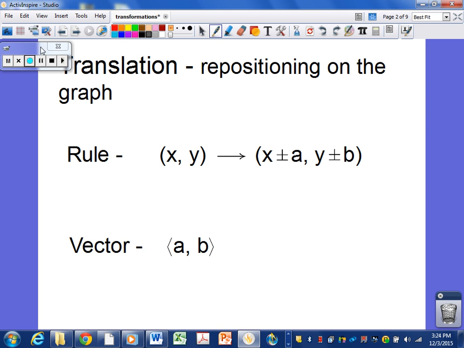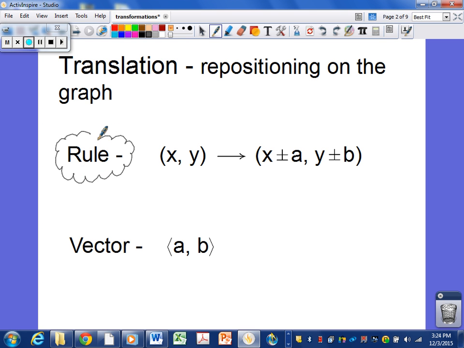So, a translation, once again, is a repositioning on the graph. There are two ways that we can translate things. One way is by an algebraic rule. This says every point on the graph, change it in this fashion: add or subtract some value to x, add or subtract some value to y. The x value changes things in a left-right fashion.